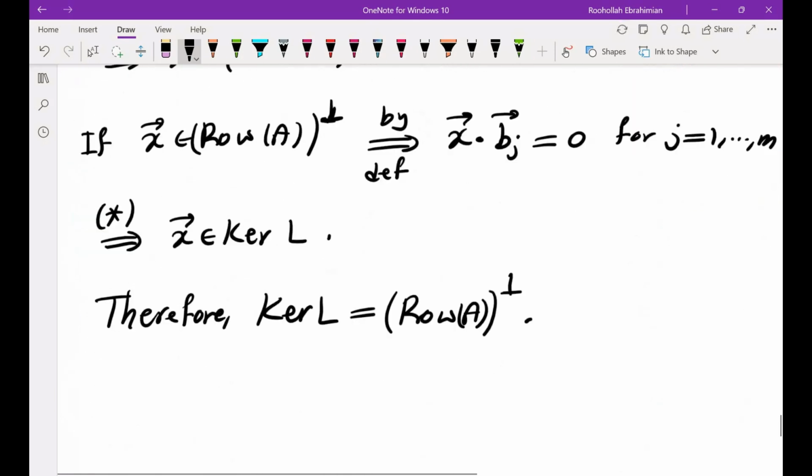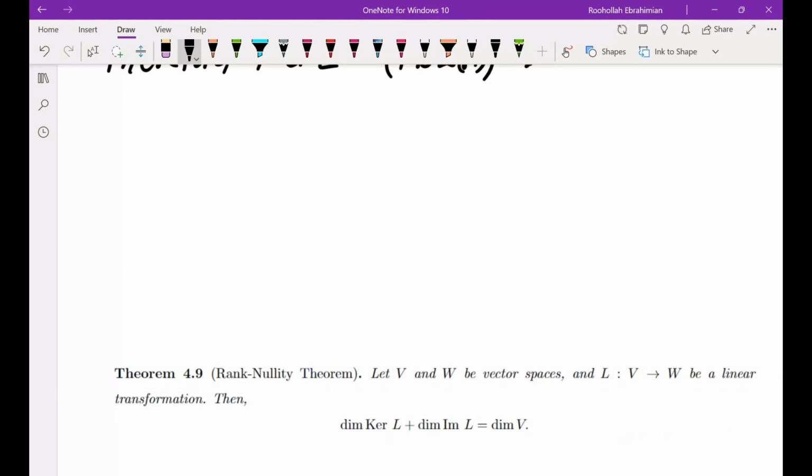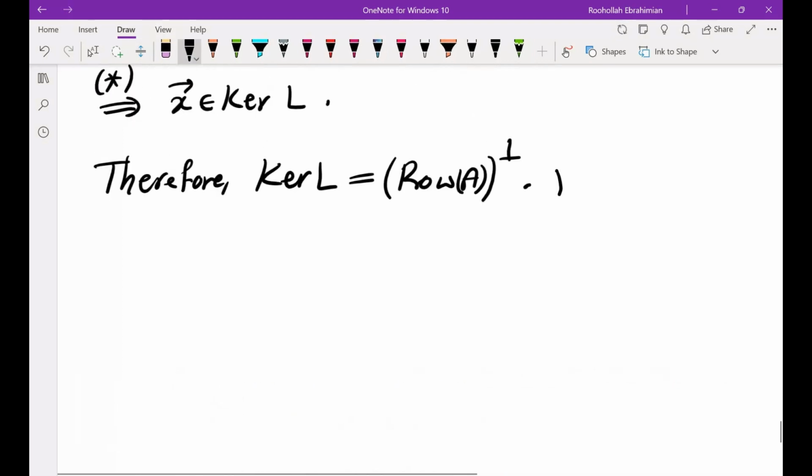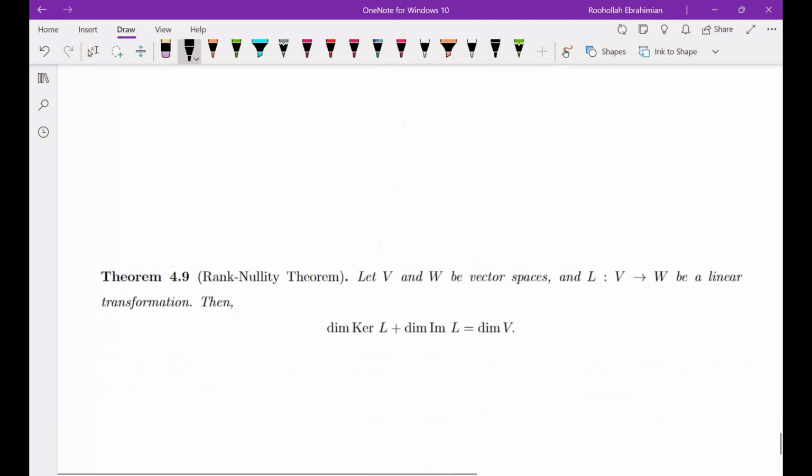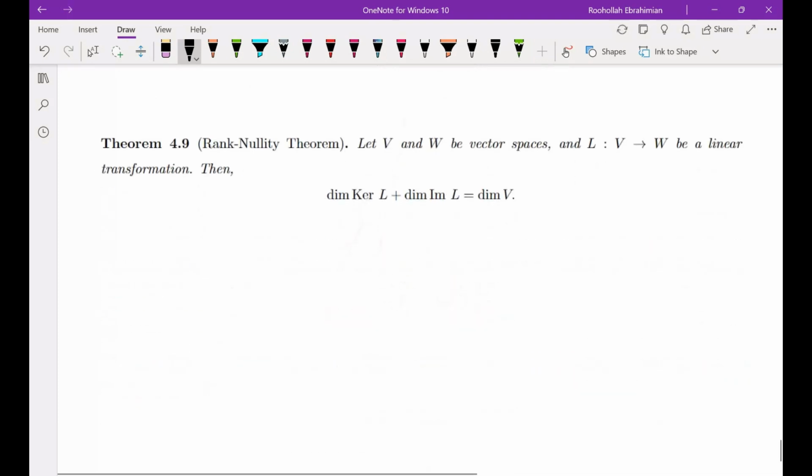Okay, so let's prove this one. But in fact, I'm going to prove that in the next theorem, because this is actually a more general theorem. So I'm going to do that for every vector space. I'm going to skip this theorem, because I'm going to prove it in a more general case here. This is called the Rank-Nullity Theorem.